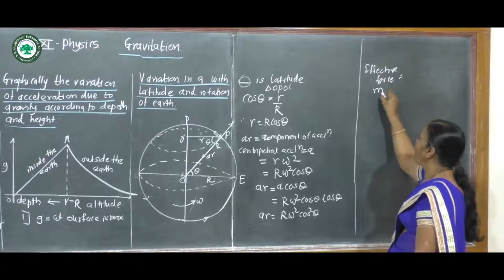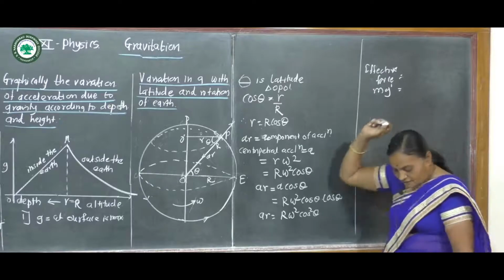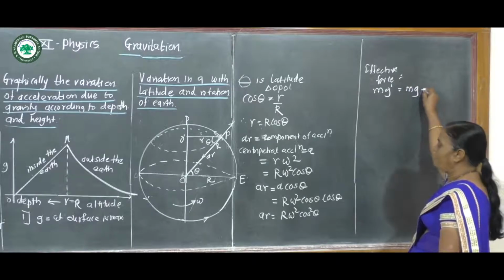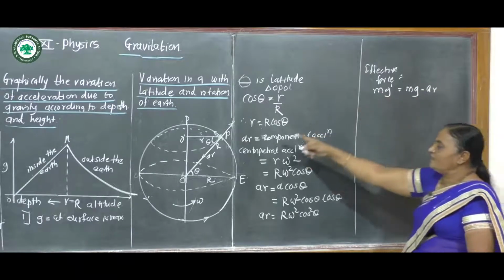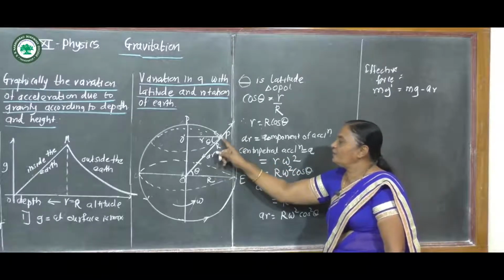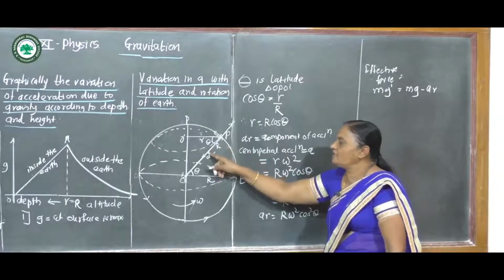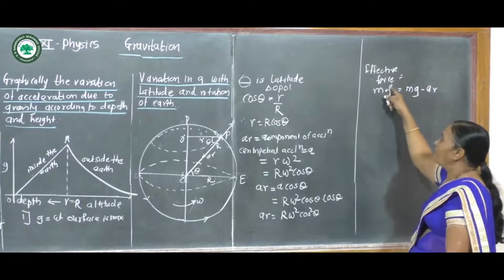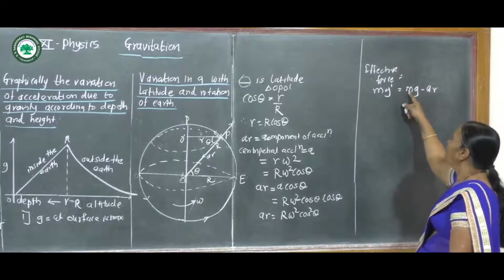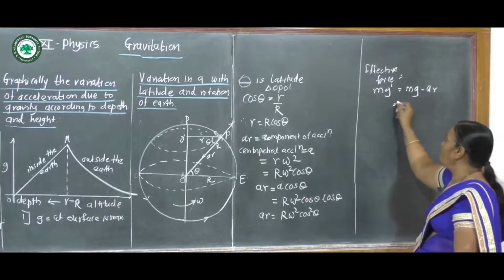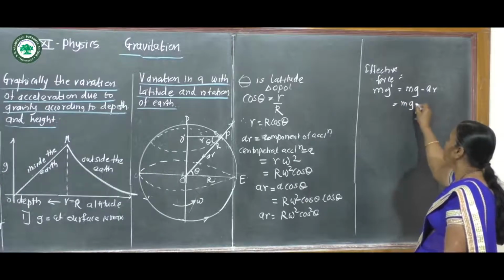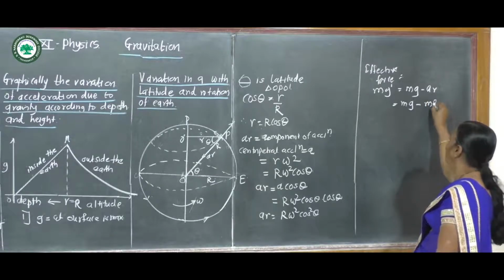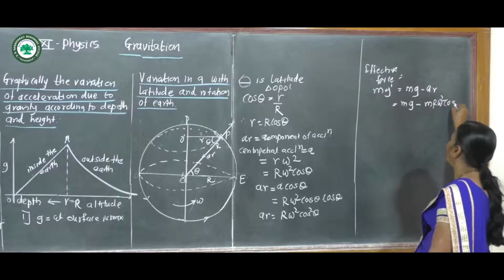We can write the effective force, that is mg dash is equal to mg minus a_r. In this figure, this is the effective acceleration, in the downward direction, and the effective magnitude of the force is mg dash equal to mg minus a_r. Substituting the value, this is the force m into R omega square cos square theta.